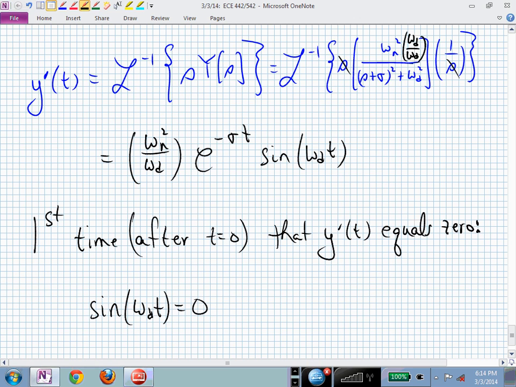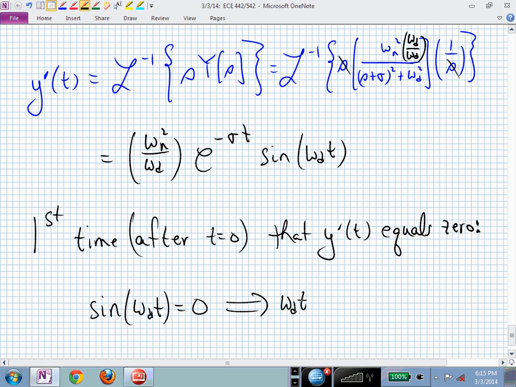The only time that expression is going to be 0 beyond t equals 0 is when sine of omega sub d t is equal to 0. And this is why you took trigonometry whenever you took trigonometry. 7th grade, or was it 8th grade? Whenever. You now have this guy, and what does that imply?